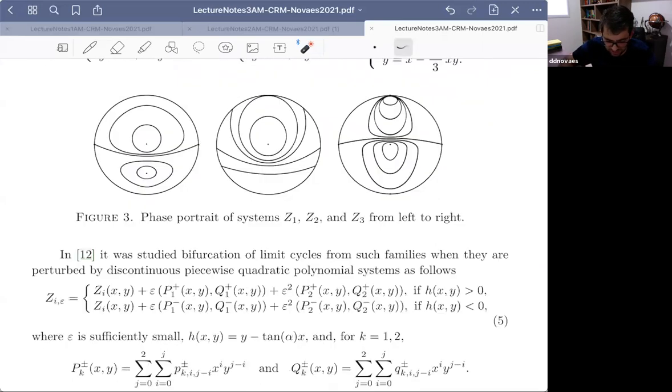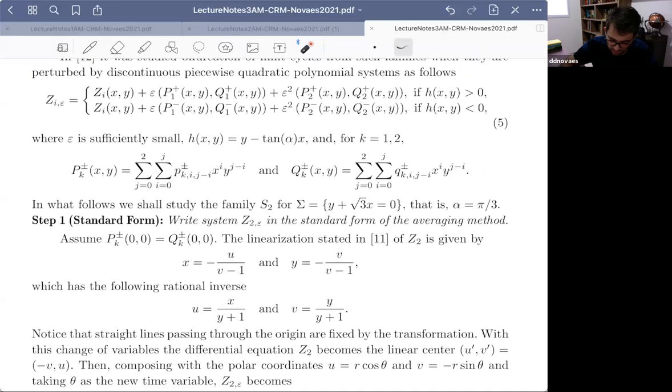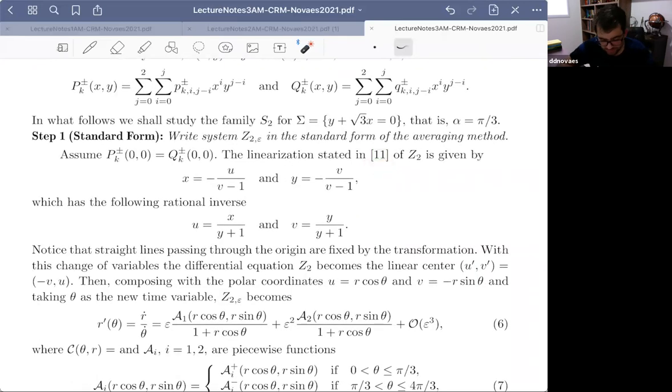Since they are homogeneous, they can be conjugated with the linear center, and the linearization was stated in this work, the Zoladek paper, and using this transformation, the differential system Z2 is transformed into this linear center. Then after transforming the system Z2 into a linear center, we apply the polar coordinates in order to write the system in the standard form.